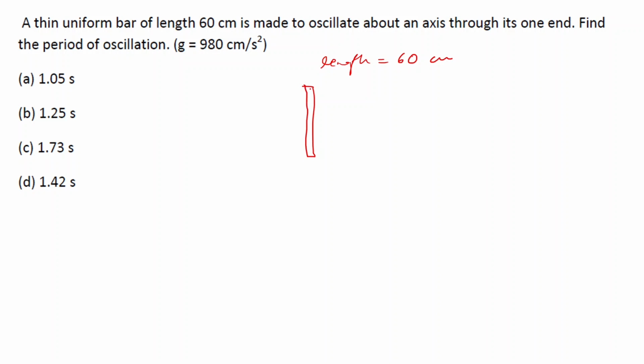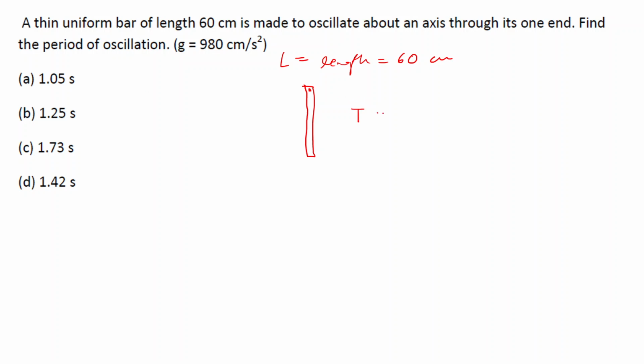So the length we have been given is 60 centimeter. There is a bar, the point of suspension is at its one end, and we need to find the period of oscillation.